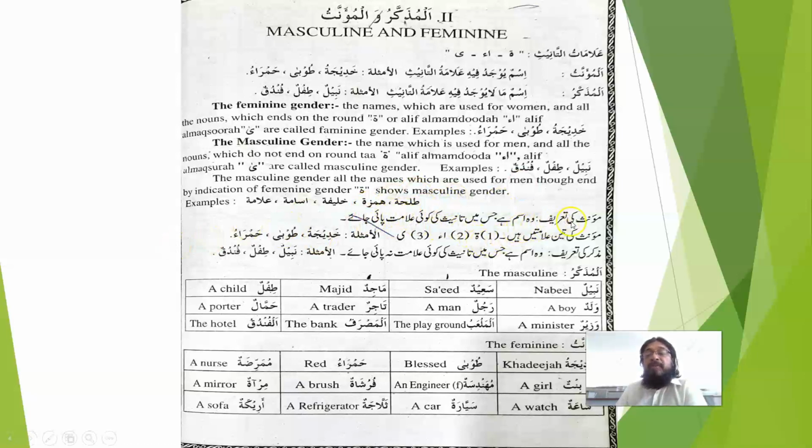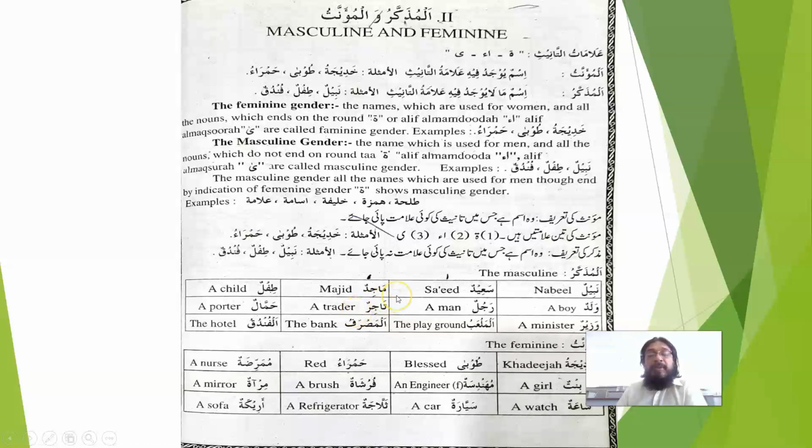Then after, some examples are given for masculine gender. Al-mudhakkar: Nabilun, Sa'idun, Majidun, Tiflun, Waladun, Rajulun, Tajirun, Hammalun, Wazirun, Al-Mal'abu, Al-Masrafu, Al-Funduqu. So these are the examples for masculine gender.